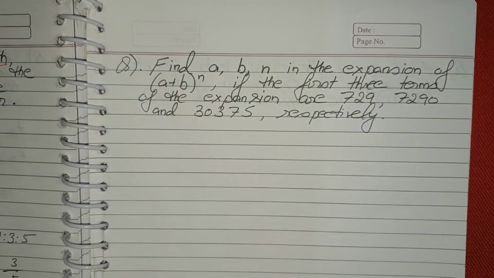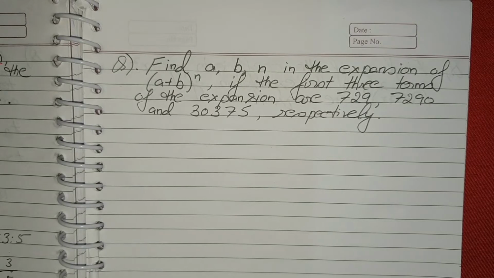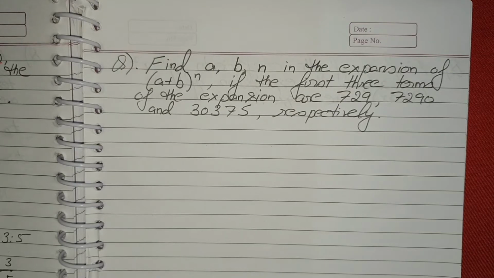Now, find a, b and n in the expansion of (a+b)^n if the first three terms of the expansion are 729, 7290 and 30375 respectively. Now they are saying first three terms.